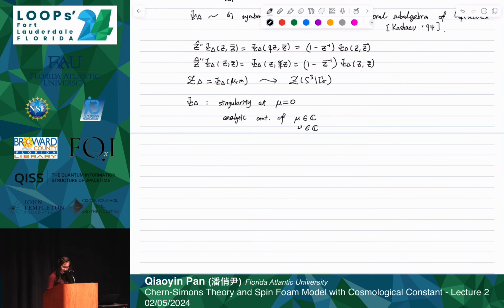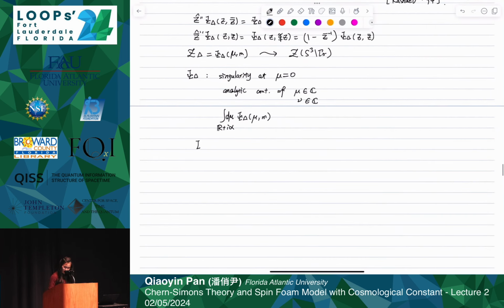Then if I do an integration of the quantum dilogarithm function, instead of integrating d mu over the real line, I can shift it by introducing an imaginary part. Then now this function, which was a function of mu m, is now a function of a complex variable mu.